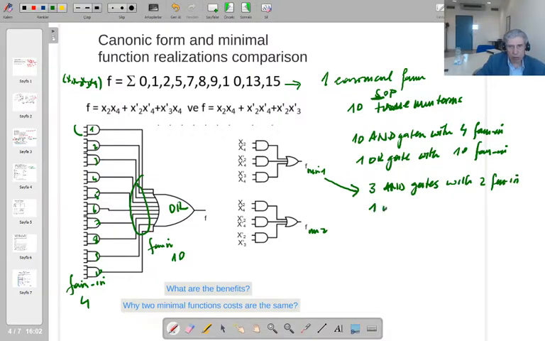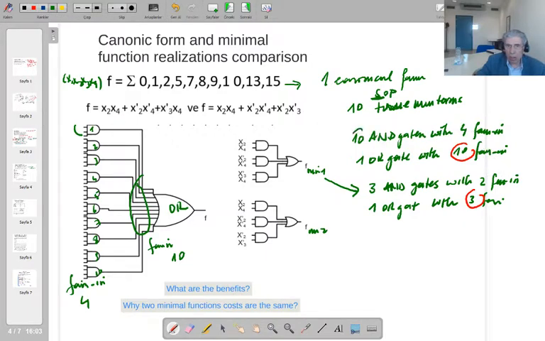So OR gate, once again, just one OR gate, but with 3 fan-in, not 10.